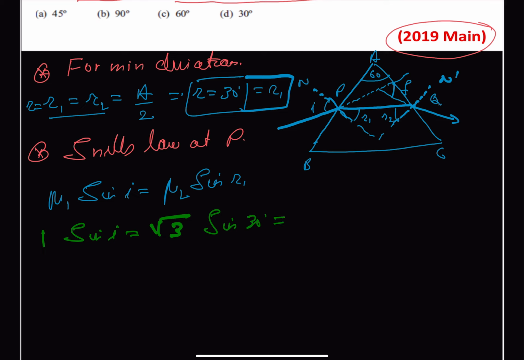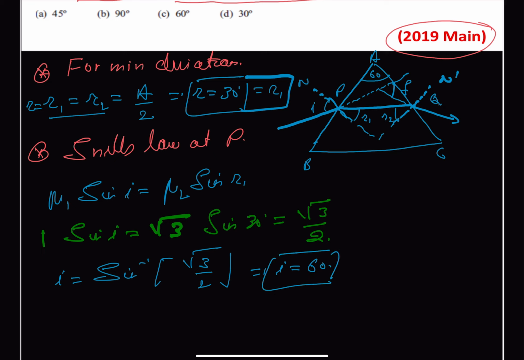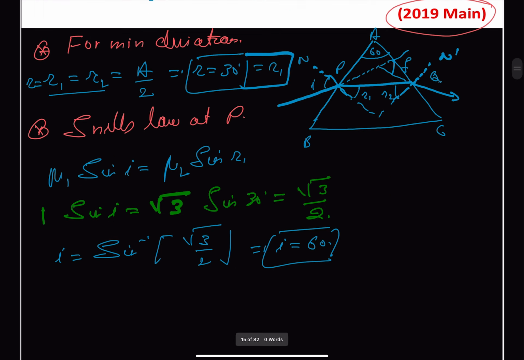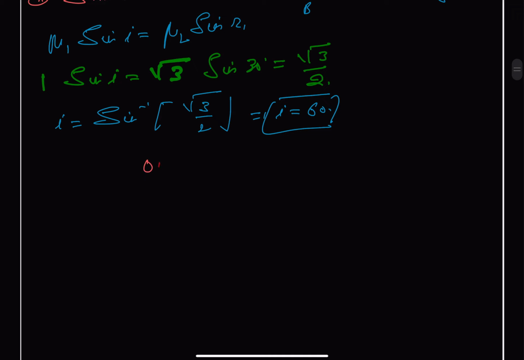So this gives us square root of 3, sine of 30 is 1 by 2. So therefore I will be equal to sine inverse of square root of 3 divided by 2, and this gives us that I is equal to 60 degrees. So the angle of incidence is 60. So option number C is the correct one.